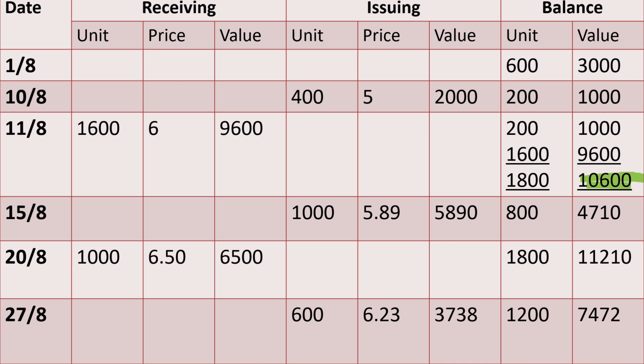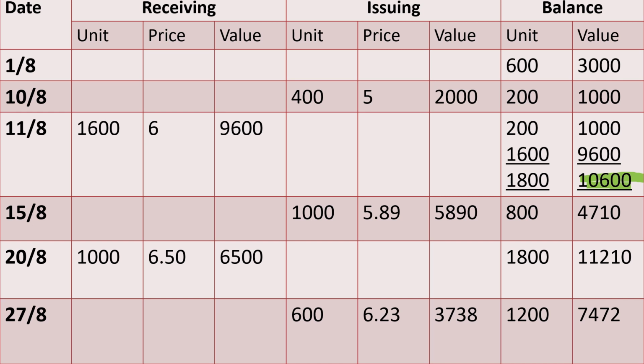So you will get $5.89 with 2 decimal places. So the value is 5,890. So we are left with 800 units as balance on 15th.